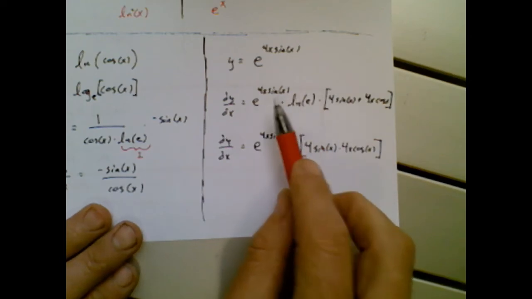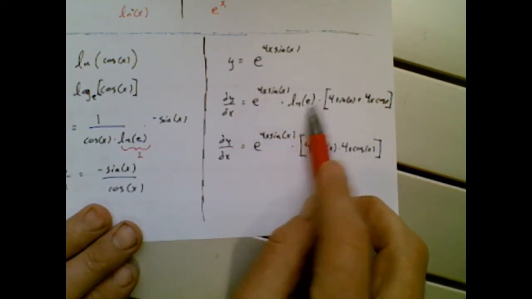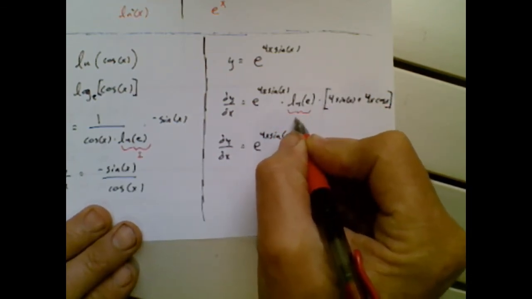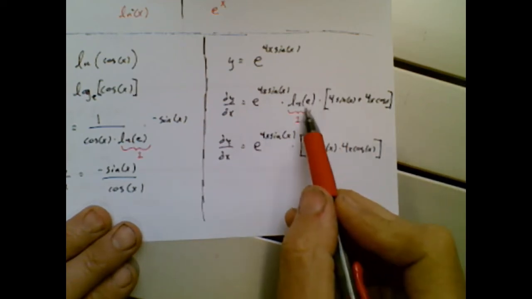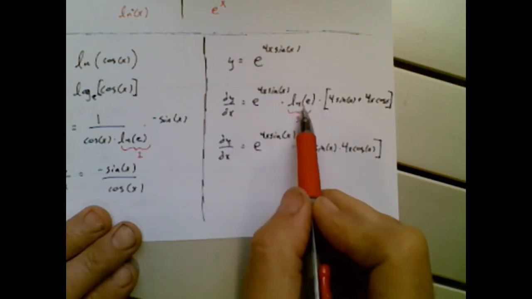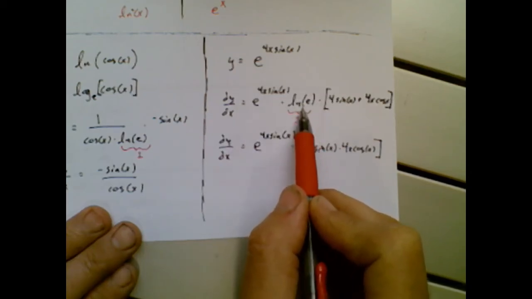But the real rule in your calculus book says you also must take that base and take the natural log of the base. Well, once again, like in the previous example, natural log of e is a 1, so this little add-on, when we're in base e, doesn't matter because it turns out to be a 1, so that's why we skip it.